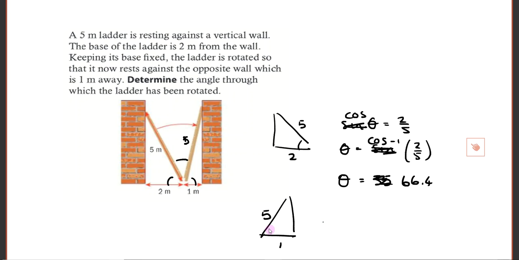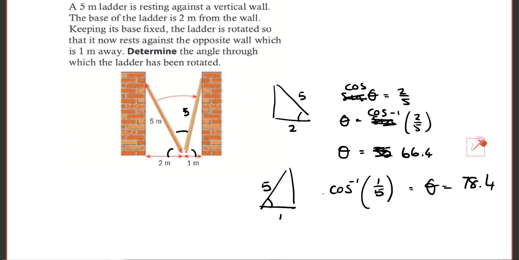And this one again, we're looking for this angle, so it's the inverse cos of 1/5, which is 78.46. Then from that point, the whole thing must add up to 180. So we do 180 minus 66.4 minus 78.5, and we get an answer of 35.1.